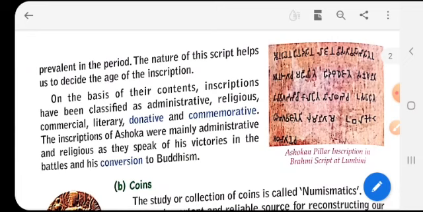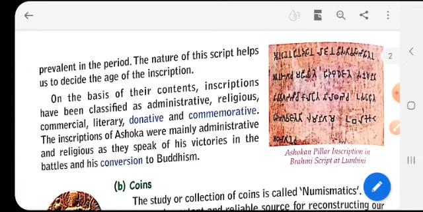On the basis of their contents, inscriptions have been classified as administrative, religious, commercial, literary, donative, and commemorative. The inscriptions of Ashoka were mainly administrative and religious, as they speak of his victories in the battles and his conversion to Buddhism. So what kind of knowledge do we get from the inscriptions of Ashoka?